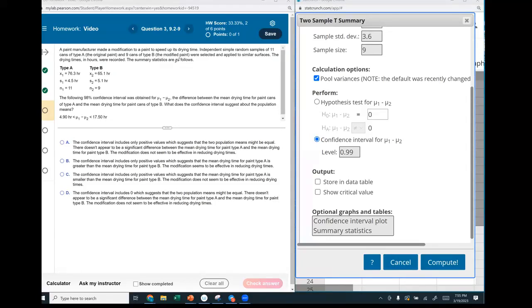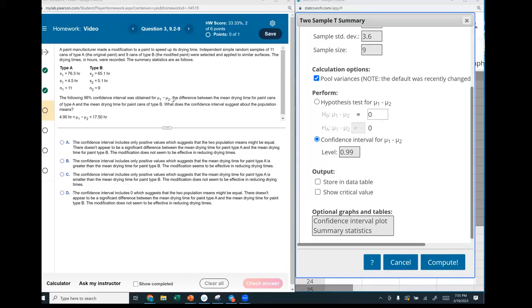The summary statistics are as follows. The following 98% confidence interval was obtained for mu1 minus mu2, the difference between the mean drying time for paint can type A and the mean drying time for paint can type B. What does the confidence interval suggest?